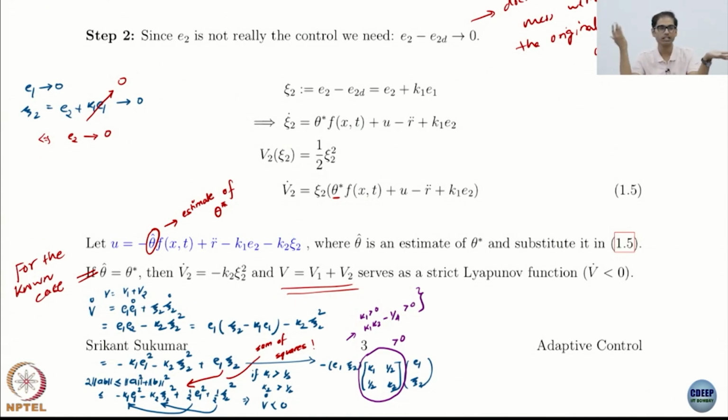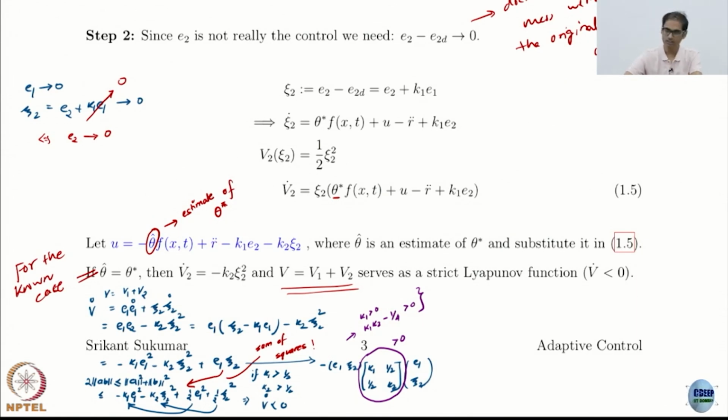Just like in a Kalman filter, there is a particular logic by which you update the states of the Kalman filter. It comes from an optimality result. Similarly here, it's not coming from an optimality result; it comes from a stability result.